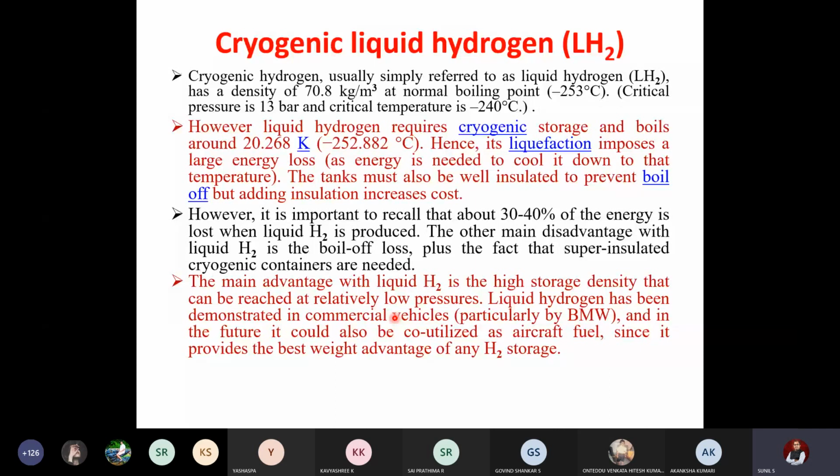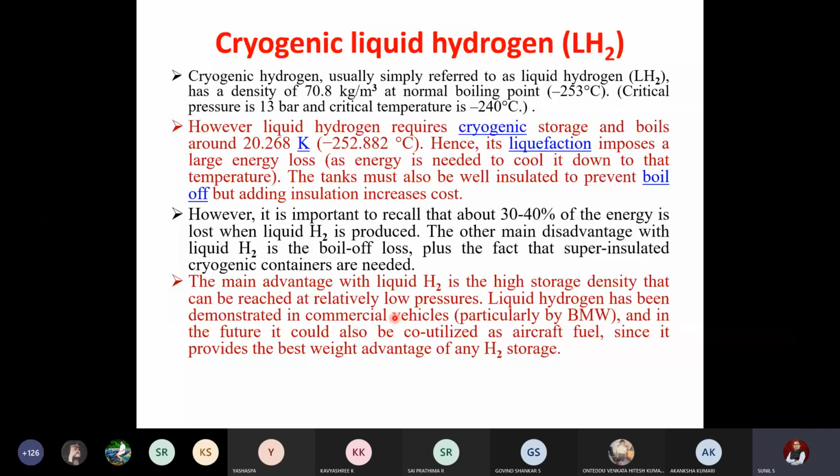See, the main advantage with this LH2, that is liquid hydrogen, is high storage density. As I told you, in a small volume, you can store more fuel. Liquid hydrogen has been demonstrated in commercial vehicles by BMW already. It is under road testing. In the future it could also be utilized as an aircraft fuel. Why? Because density is very high. In a small volume, you can store more fuel. Second, you need to carry only 1/3 of the fuel.